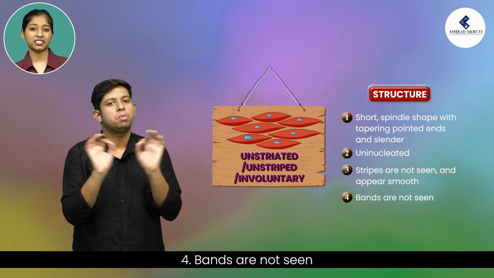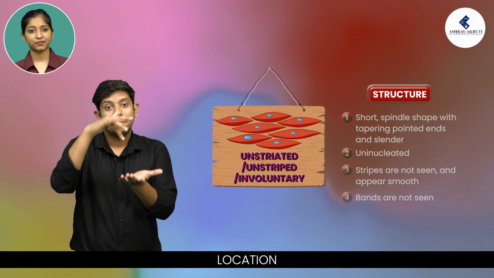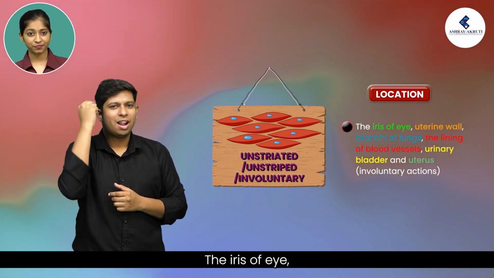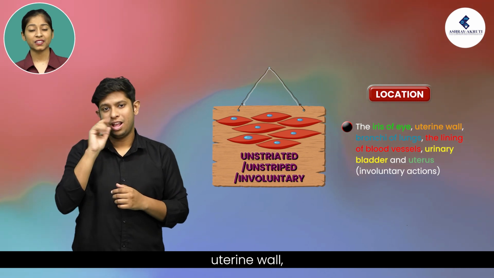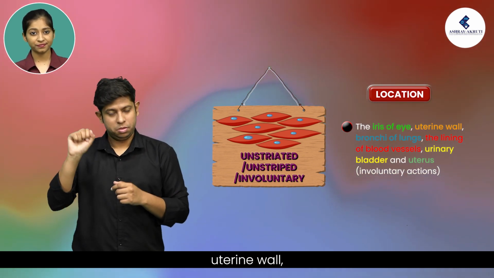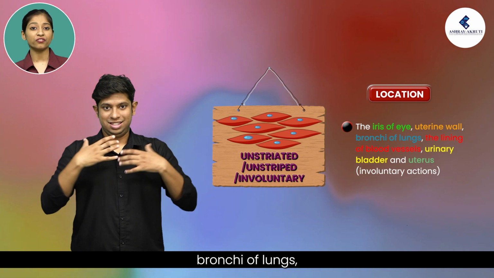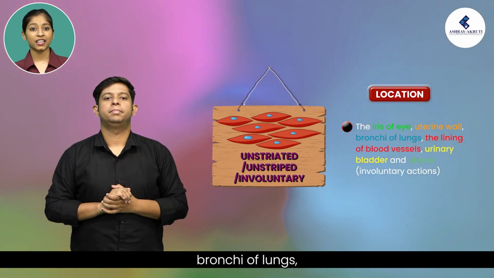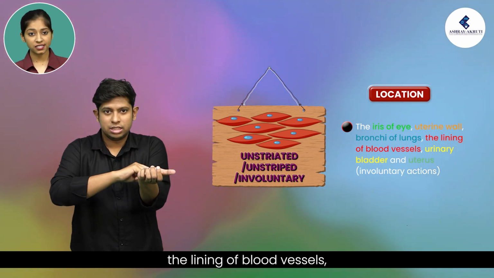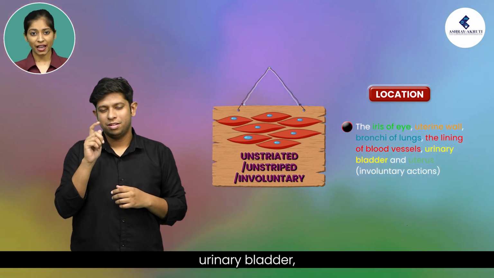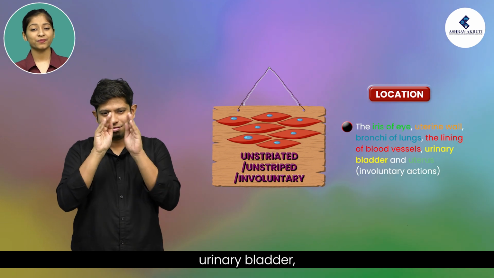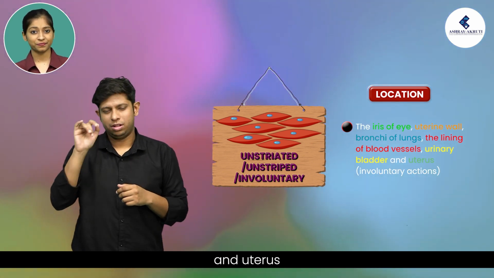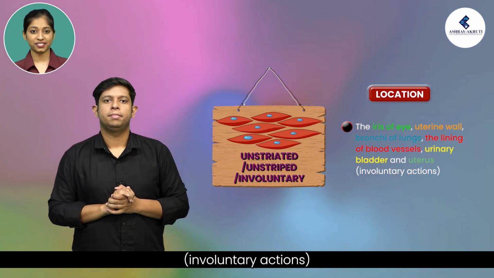Bands are not seen. Location: the iris of eye, uterine wall, bronchi of lungs, the lining of blood vessels, urinary bladder, and uterus. Involuntary actions.